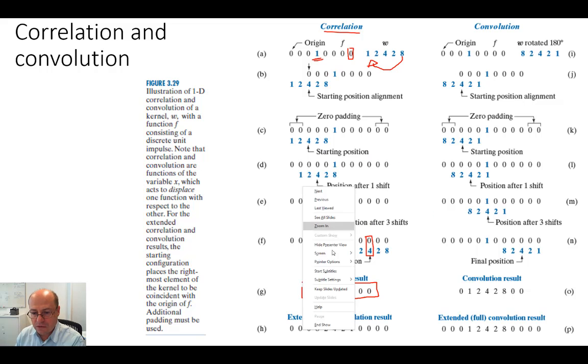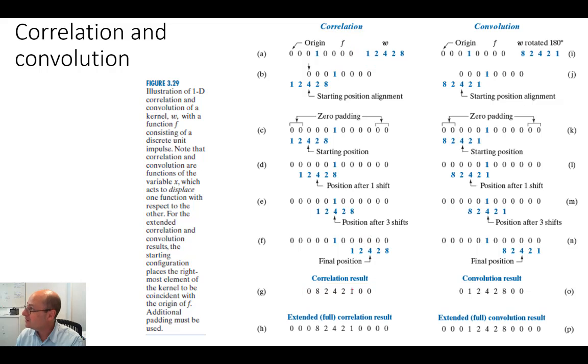Right? So now convolution is exactly the same process, whereas the kernel is already rotated 180 degrees. You do the same thing. You have to consider padding.